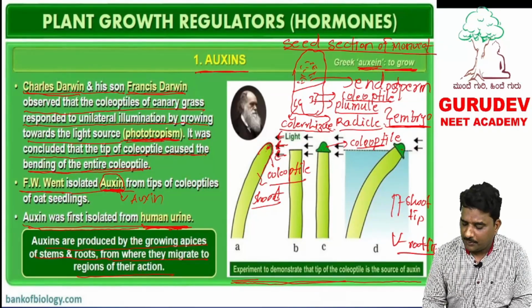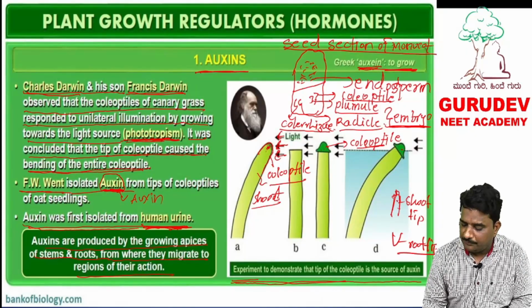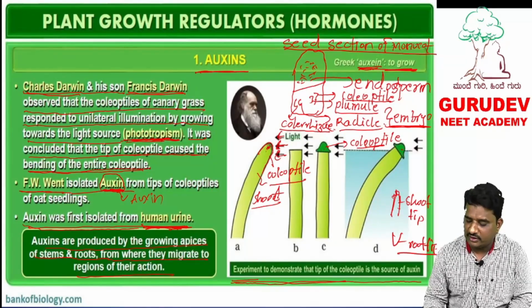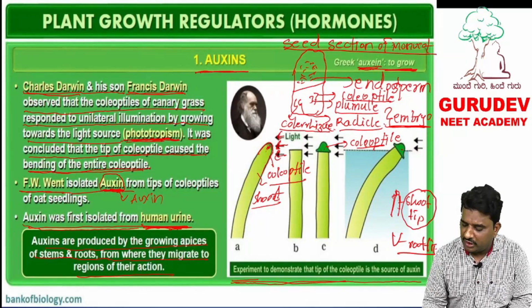They are produced at the tip region and migrate to their region of action.